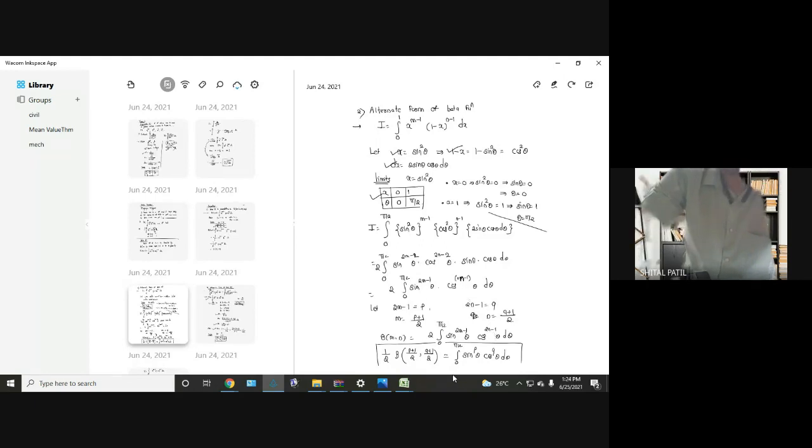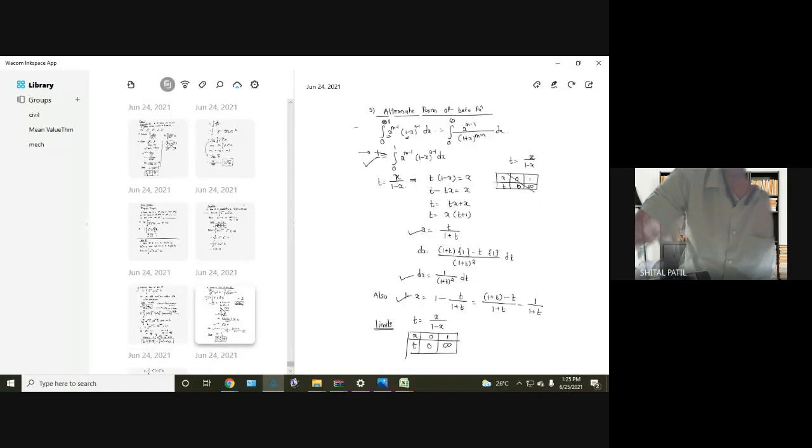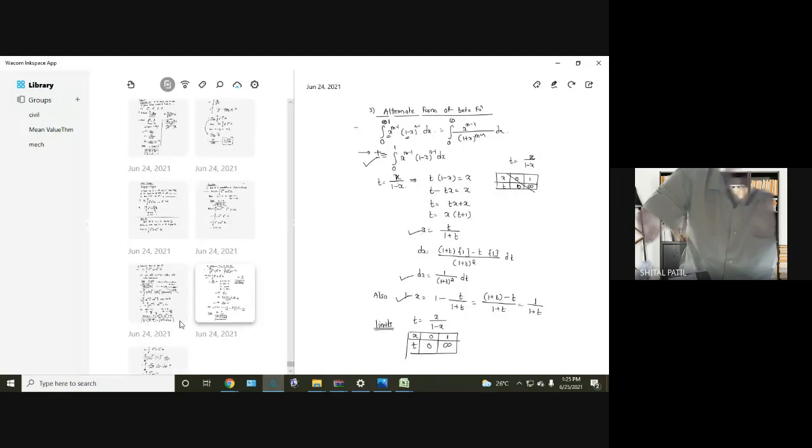Or in terms of p and q, the integral from 0 to pi by 2 of sine raised to p theta, cos raised to q theta, d theta equals half beta of p plus 1 by 2 comma q plus 1 by 2. Next, we studied one more form: beta function may be written as the integral from 0 to infinity of x raised to m minus 1 divided by 1 plus x raised to m plus n, dx.